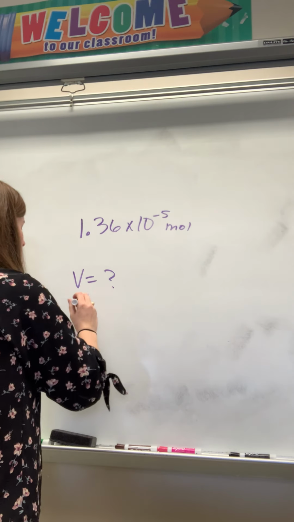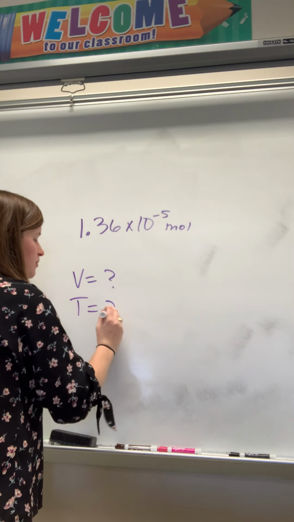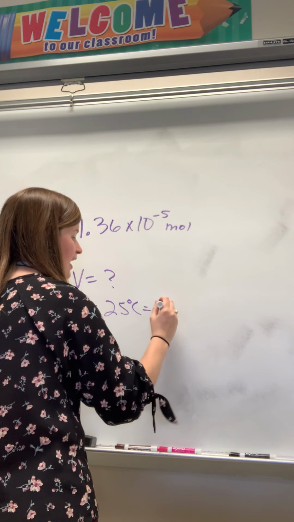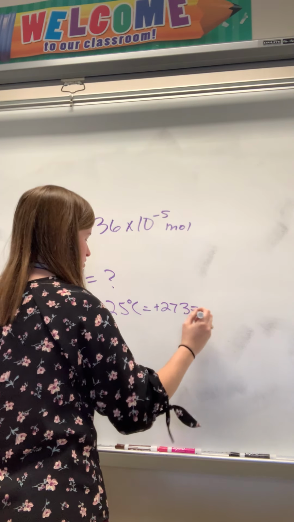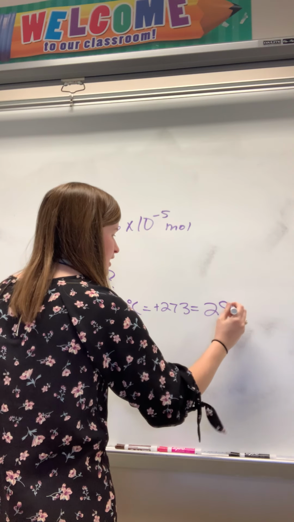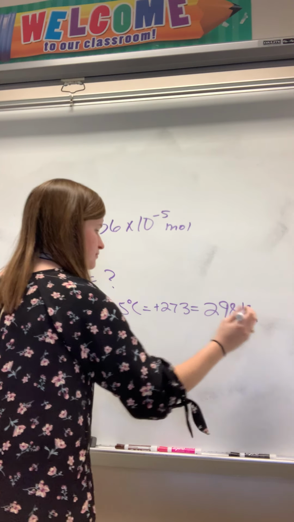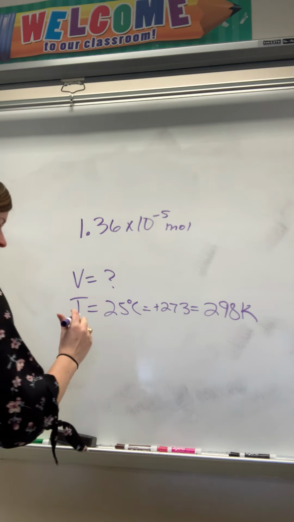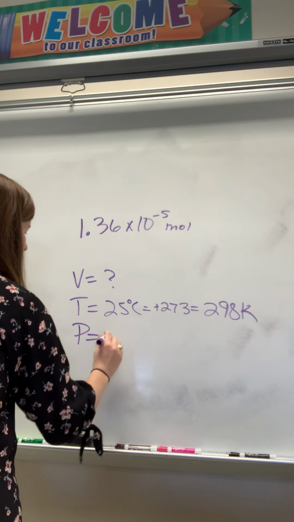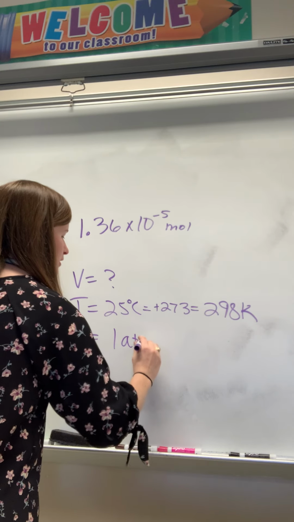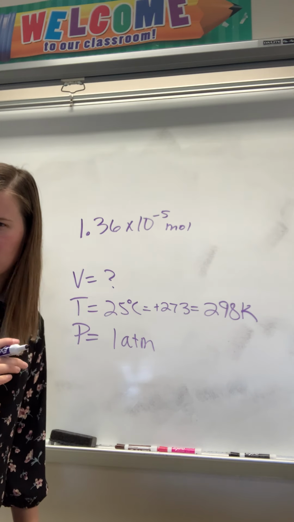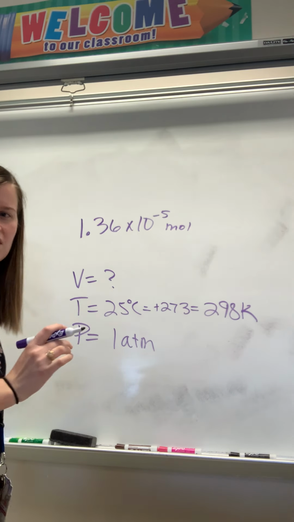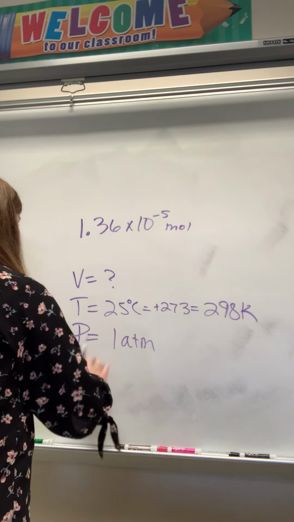Measured at 25, so I know my temperature, which remember is in Celsius, and we want it in Kelvin. So you add 273, which gives us 298 Kelvin. And then my pressure is 1 atmosphere. And then it tells me to be dissolved in 1 liter, so I do know my volume.